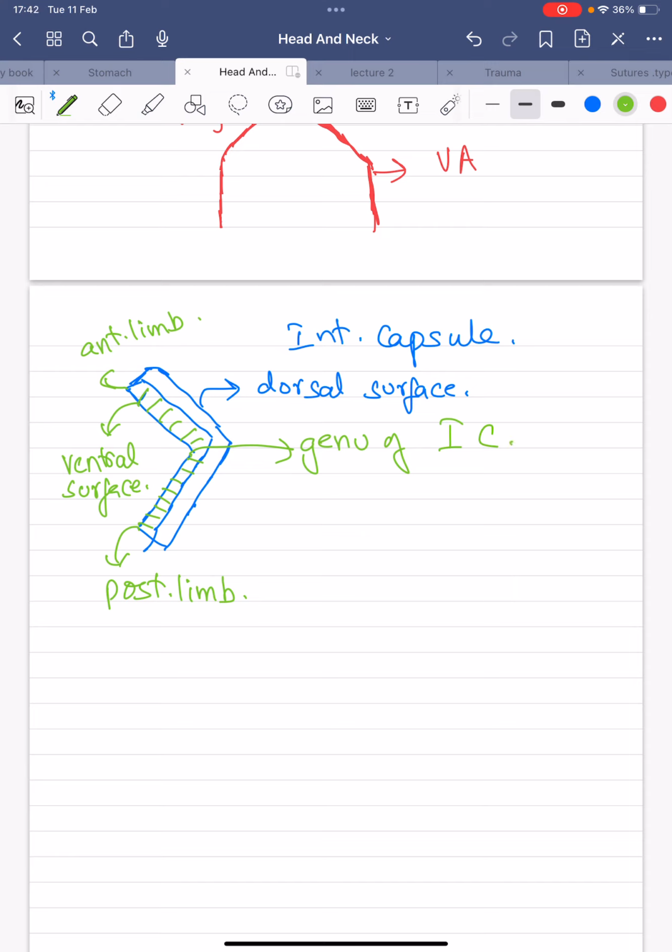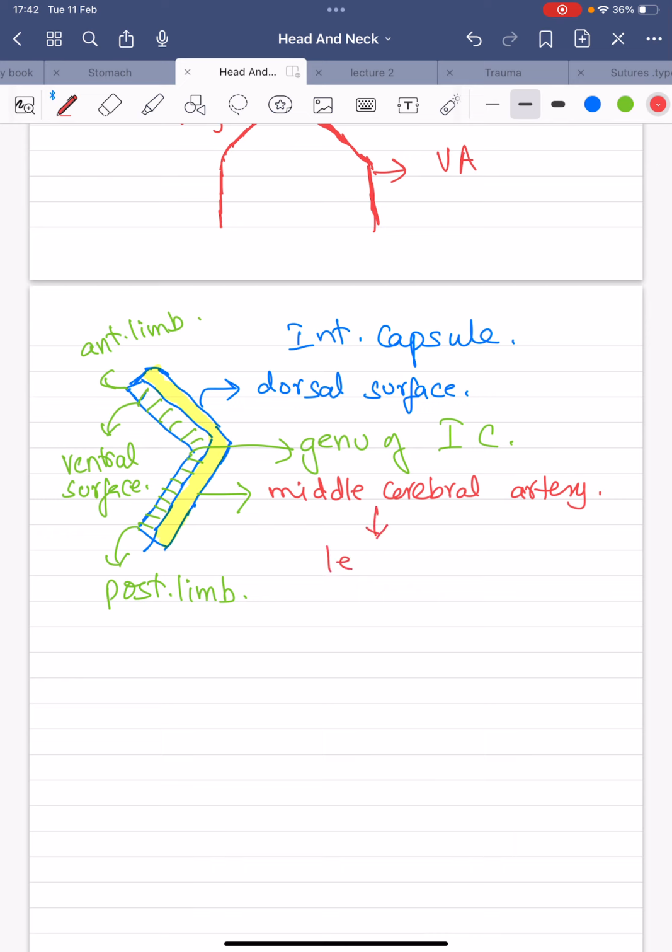Now see here, important point. This upper dorsal surface, which I highlighted in yellow color, the whole dorsal surface of the internal capsule, is given blood supply by the middle cerebral artery. And by which branches of the middle cerebral artery?